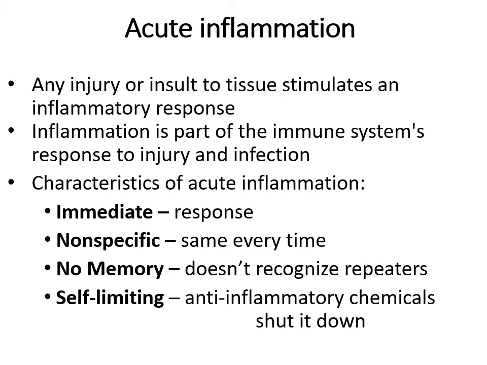Well, it's immediate. So the mast cells releasing histamine, the macrophages in the tissue, phagocytosing, engulfing antigens and bacteria. So it's an immediate response. The neutrophils coming in from the bloodstream to fight the foreign invader or to help with the inflammatory process.